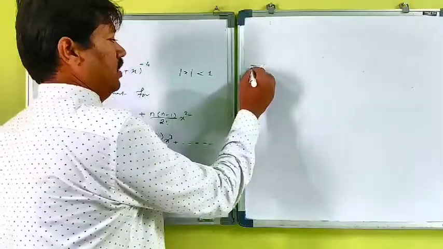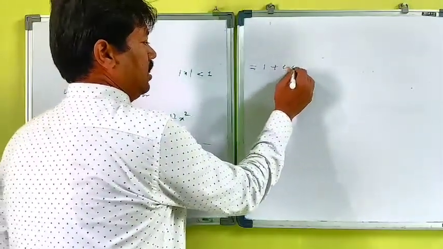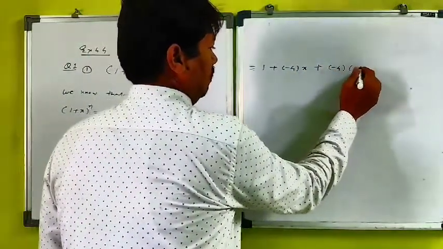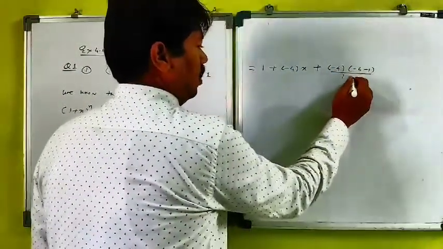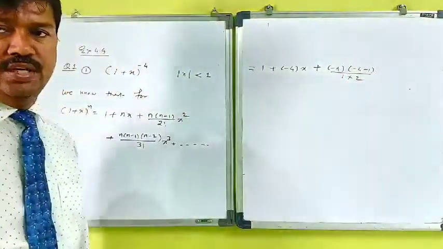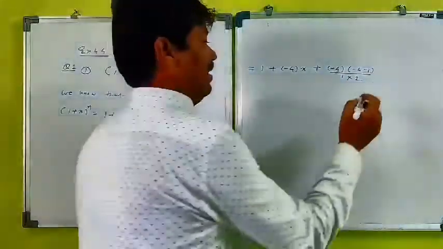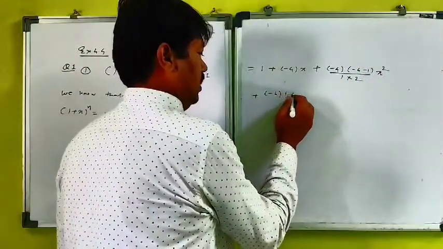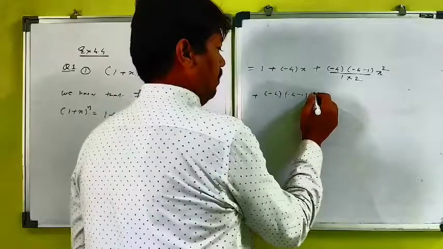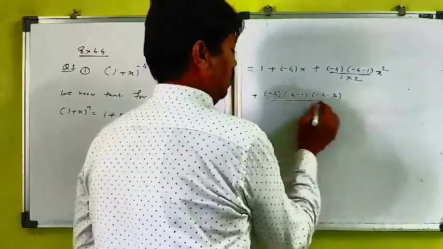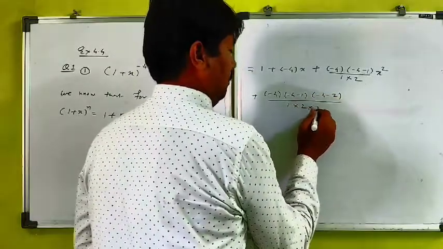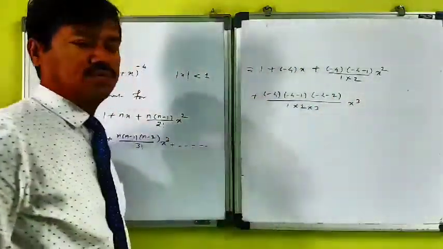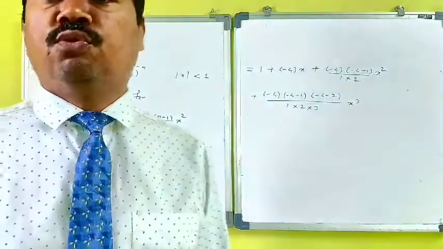So what are the first 4 terms here? 1 plus minus 4 into x plus minus 4 into minus 4 minus 1 upon 2 factorial x square plus minus 4 into minus 4 minus 1 into minus 4 minus 2 upon 1, 2, 3 into x cube. So these are the first 4 terms.